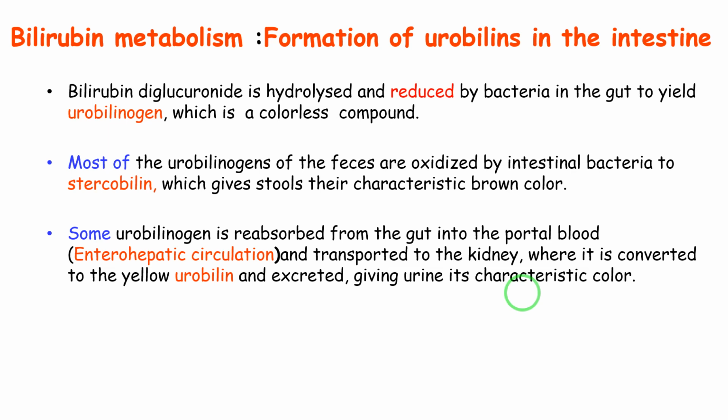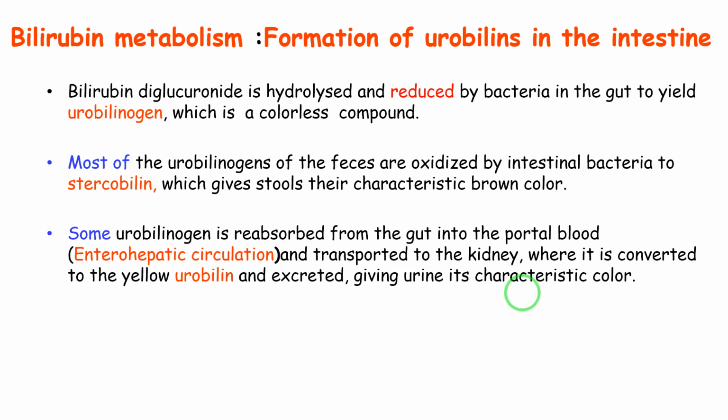Urobilinogen is a colorless product. This urobilinogen is then oxidized by other intestinal bacteria to give an important substance called stercobilin, which gives the stool its characteristic brown color.